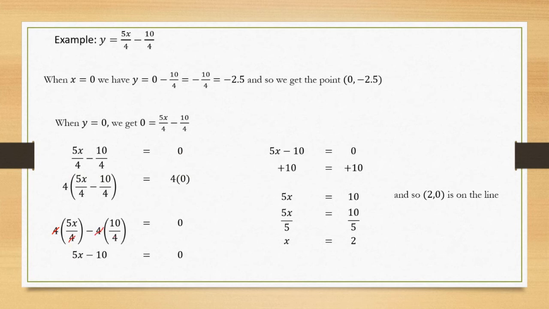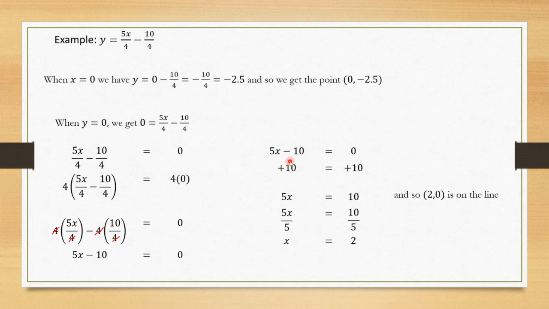As you can see, the 4's cancel. And so now we are left with this, 5x minus 10 equals 0. So that's what we get here.